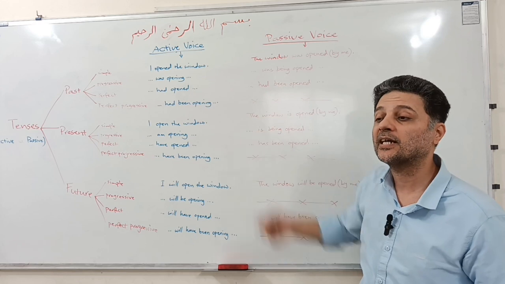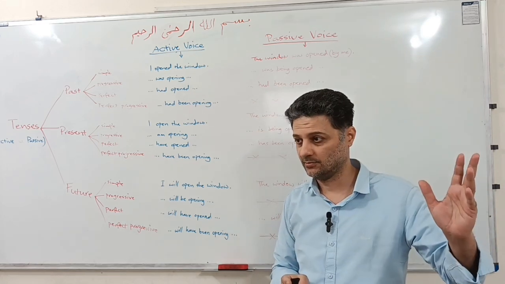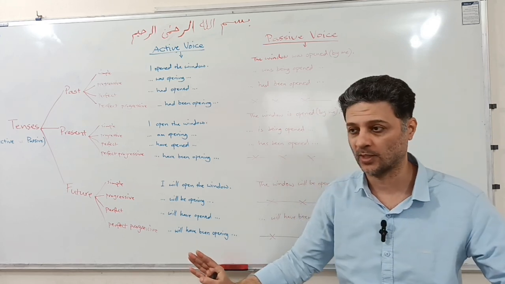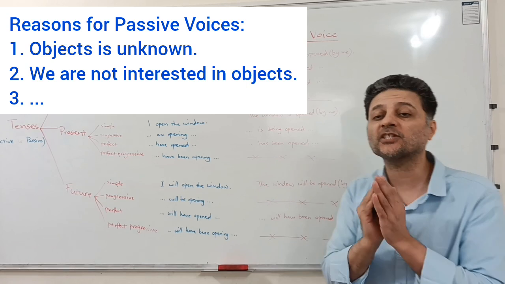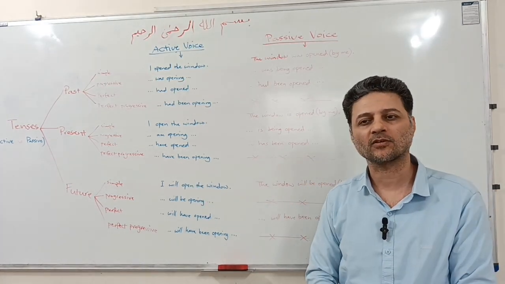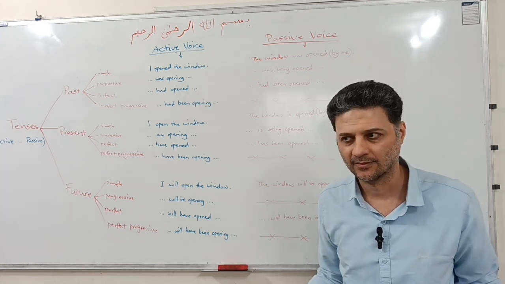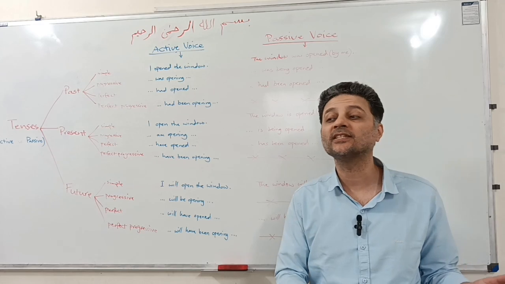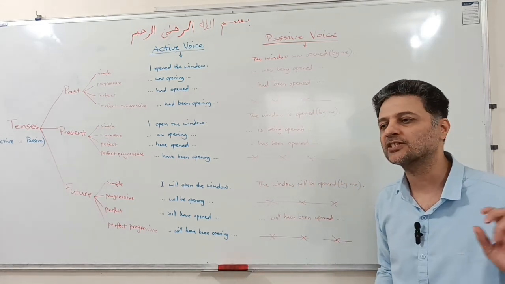Why? Because either the subject is unknown to us, right? If the subject is unknown, like in murder stories or movies, nobody knows who the murderer is, who's done it, who's killed who, right? So that subject is unknown.